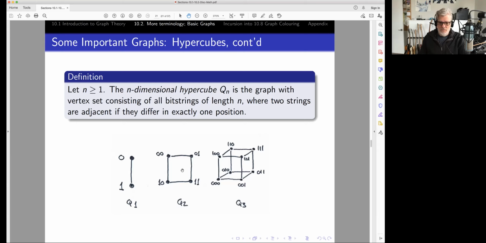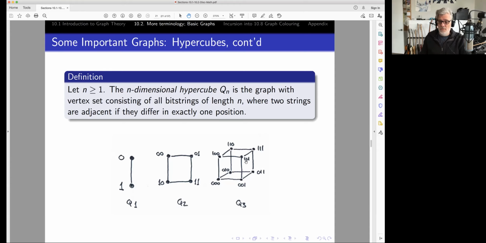Now, if you want to go from Q2 to Q3, what do you do? You have the 0 copy of this, which would be the left face here, and the 1 copy would be the right face here. So now you have 2 copies of Q2, and you connect them in the obvious way. Now you can guess what Q4 looks like, a 4-dimensional hypercube.